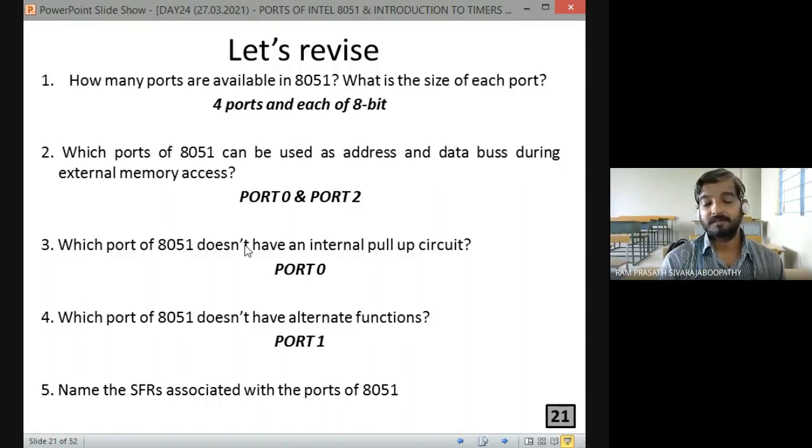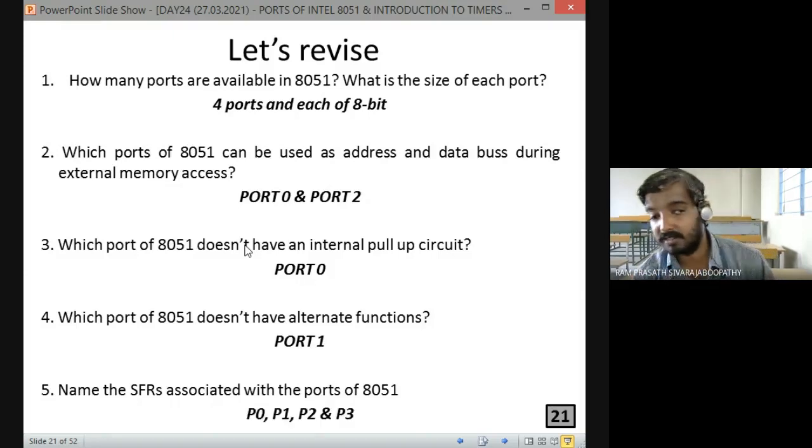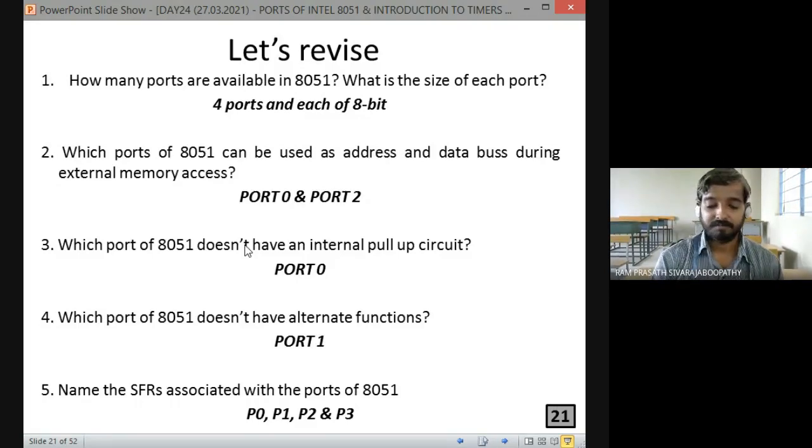Port registers. Port 0, port 1, port 2, port 3 and so on. What about the name of the register to program the ports? Yes, P0, P1, P2, P3. Very good. R0 to R7 is not correct, Kumar. P0, P1, P2 and P3. 4 port registers we are having, each corresponding to the ports.